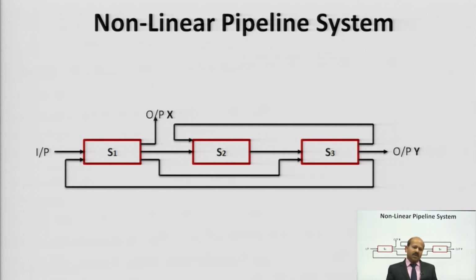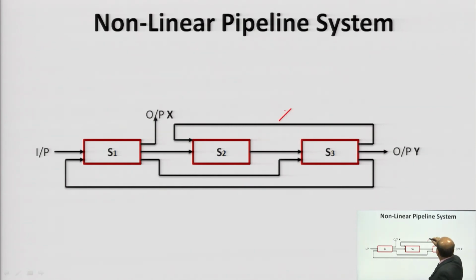The next type of architecture is a non-linear pipeline system. So, in case of a linear pipeline system, all these segments are producing outputs and that output will become an input for the next stage. However, in this case a few more connections are given.